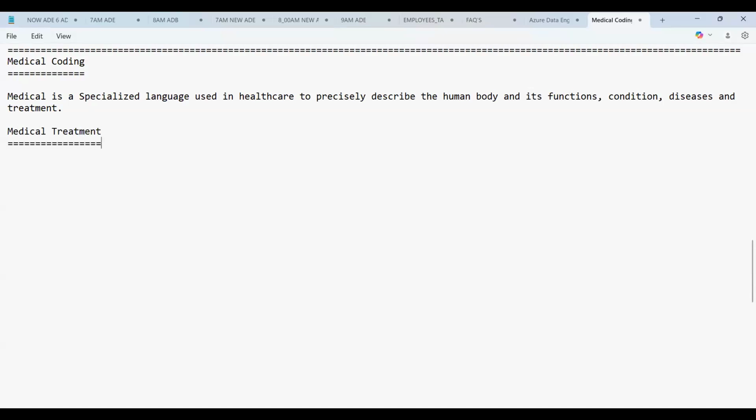Basically, these medical treatments are classified or divided into the following. The first one is medication. Medication means what? The method of treatment. Medication is nothing but the method of treatment. So, guys, am I audible clearly, everyone?